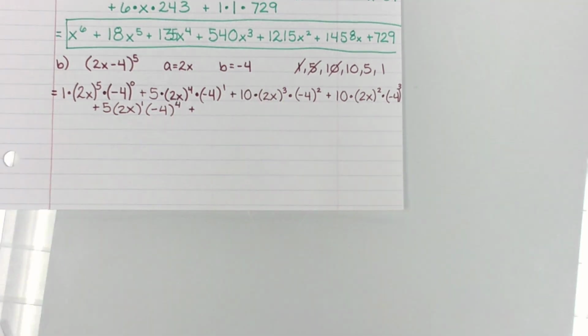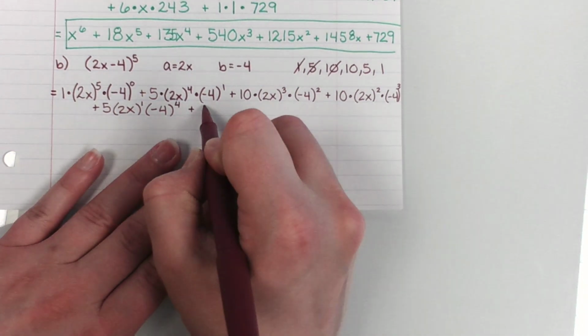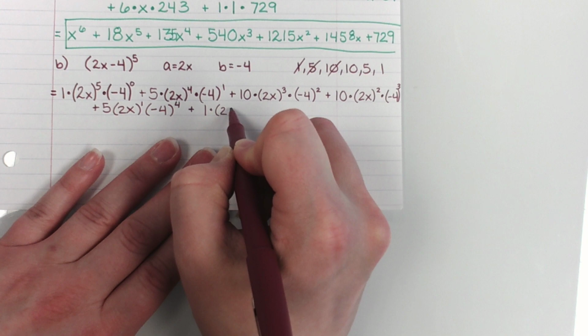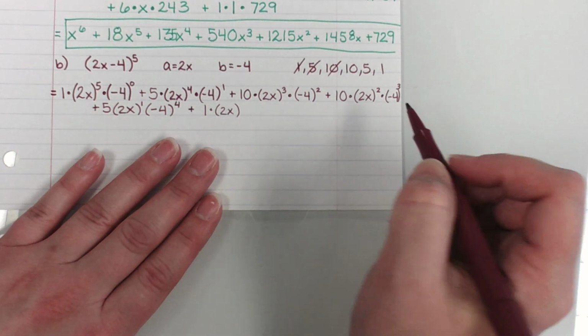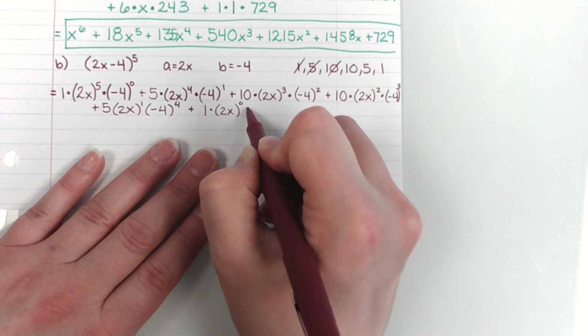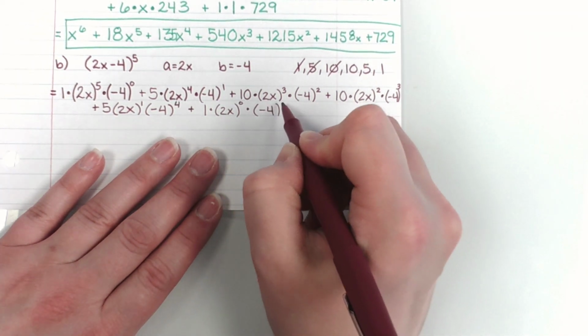Good. Lauren, what's the next term going to look like? 1 times 2x in parentheses to the power of 0, times negative 4 in parentheses to the power of 5.